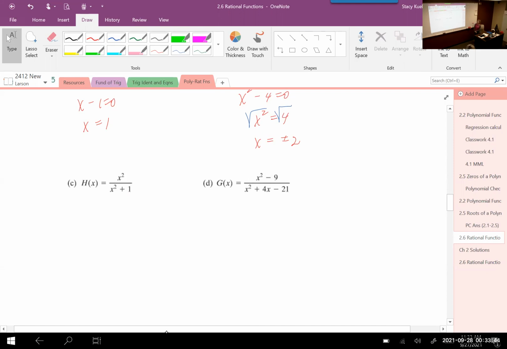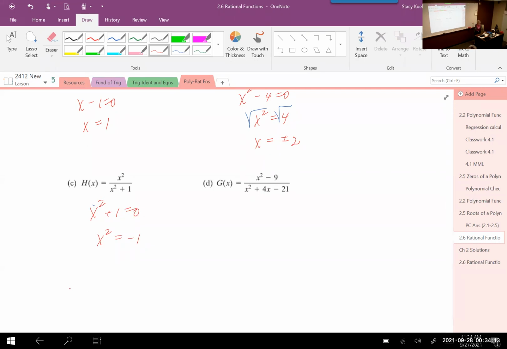Letter C says x squared over x squared plus 1. Can I cancel anything? Not yet, right? So when I take that denominator and set it equal to 0, I have x squared plus 1 equals 0, or x squared is equal to negative 1. Can I take the square root of negative 1 and get a real number?